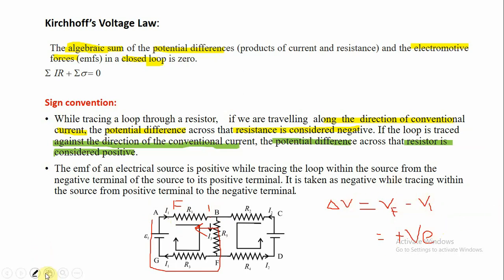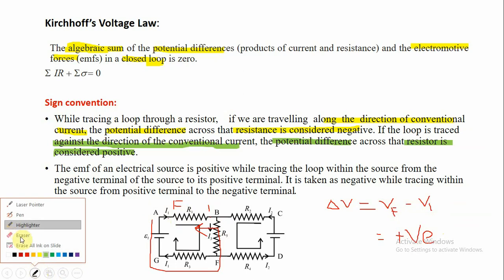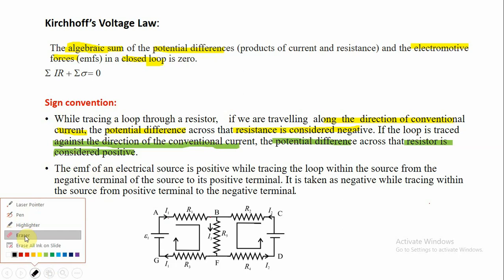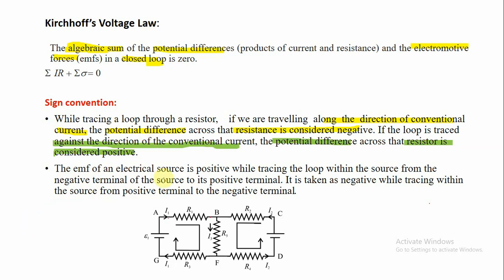Okay, now I am erasing this, and I will move to the second sign convention. Now you see what the second sign convention says. The second sign convention says the EMF of an electrical source.